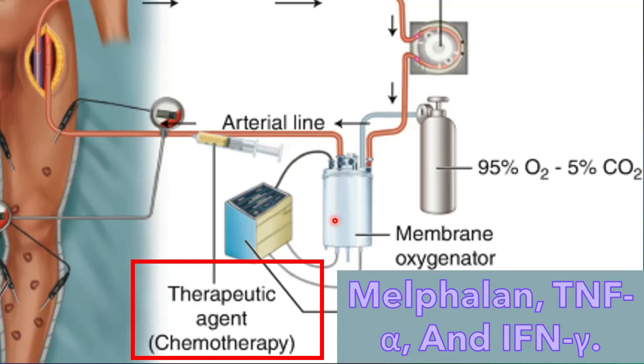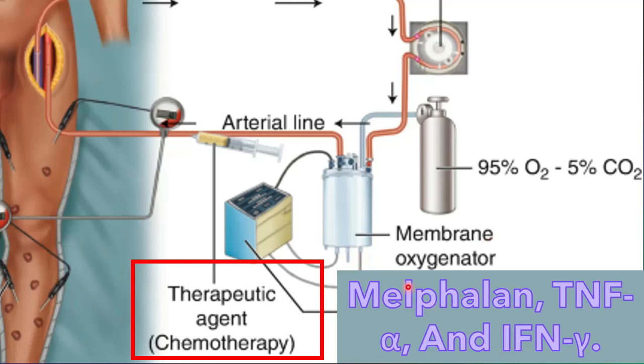The high-dose agents we put in are melphalan, TNF alpha and IFN gamma, interferon gamma.